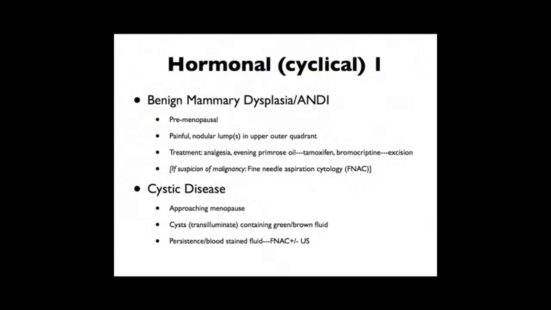And treatment, as always, can be conservative or medical or surgical. Conservative treatment will be analgesia and evening primrose oil. I don't think anyone really knows how it works, actually. It's recommended for lots of things. Medical treatment with tamoxifen or bromocriptine, and finally, if it's causing a lot of pain, you can excise the lump.